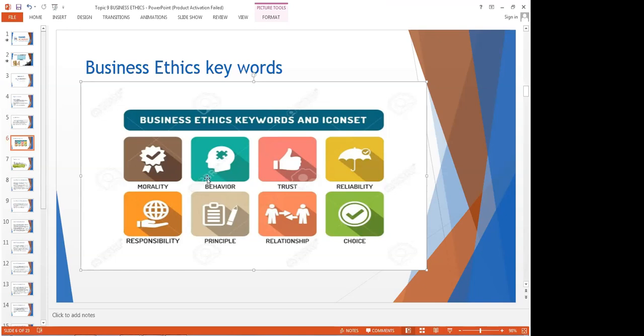So the keywords in business ethics are morality, behavior, trust, reliability, responsibility, principle, relationship, and choice. These are some of the key terms that are used in business ethics.